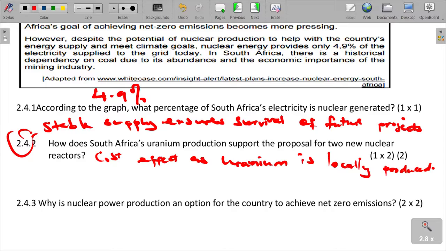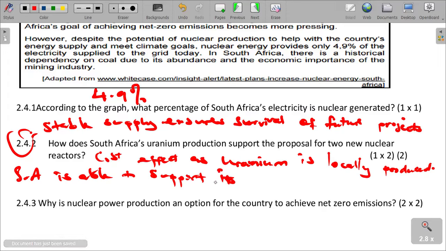And then we can say that South Africa is able to support its own nuclear energy infrastructure, which relies on uranium fuel to generate electricity.